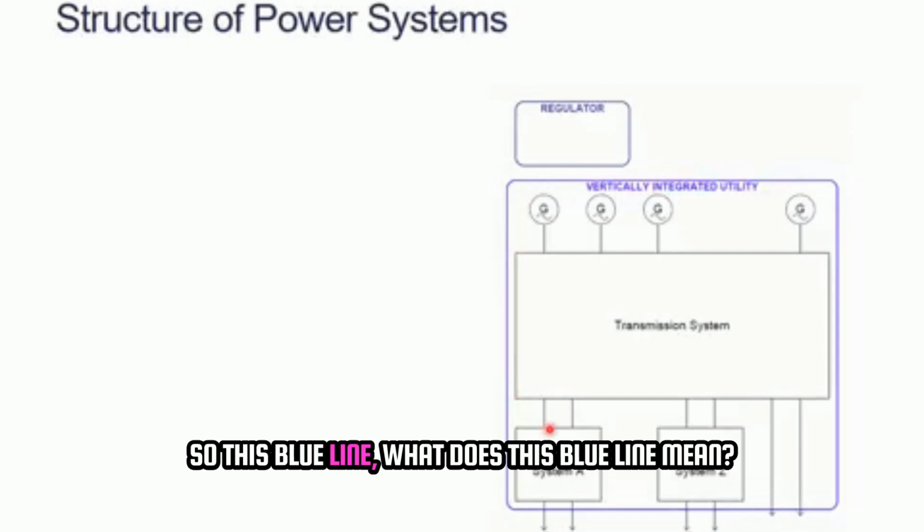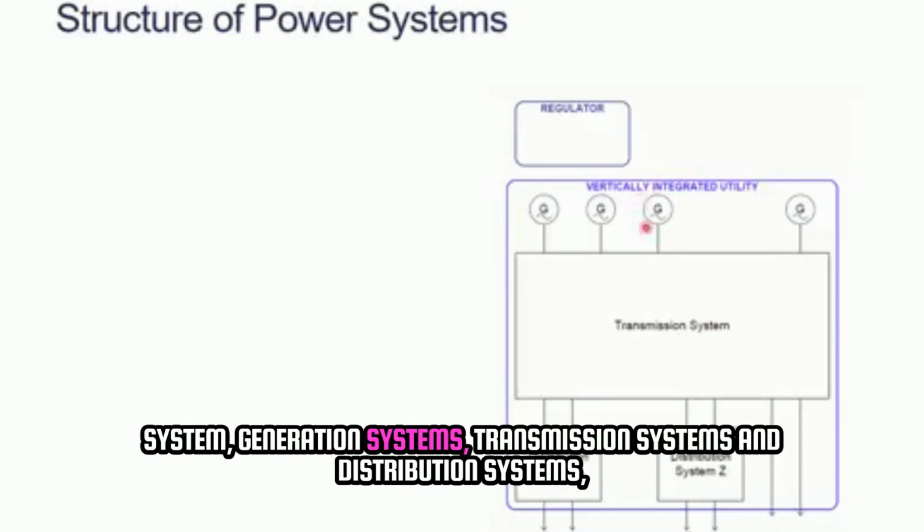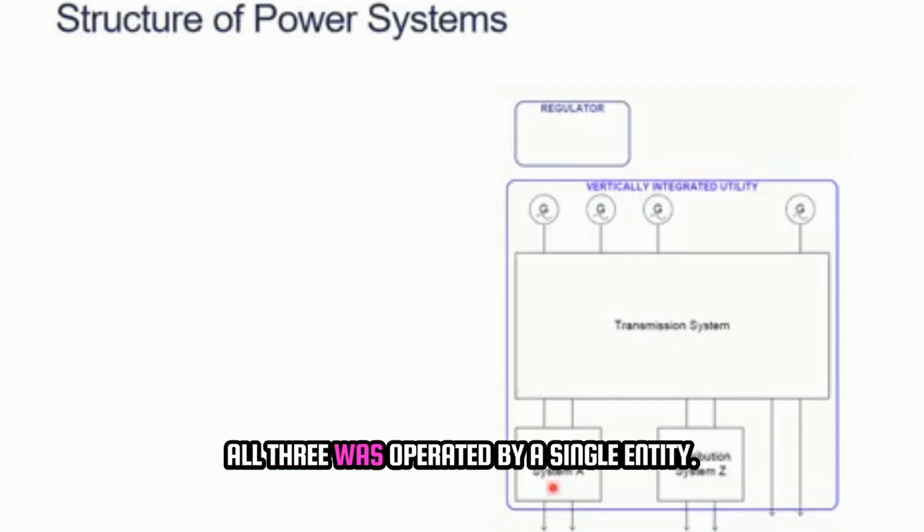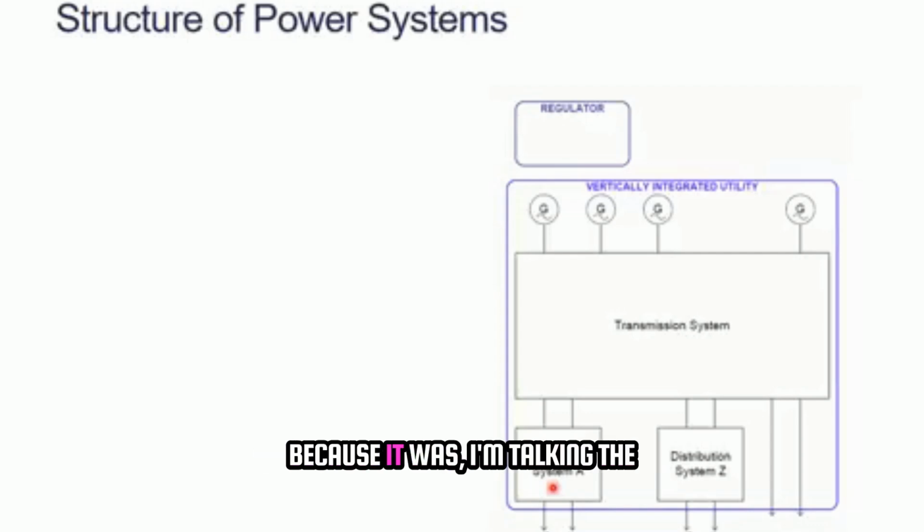So what does this blue line mean? All three segments of the power system, generation systems, transmission systems and distribution systems, were operated by a single entity. Often that entity was the government, because I'm talking about the earlier days of power systems.